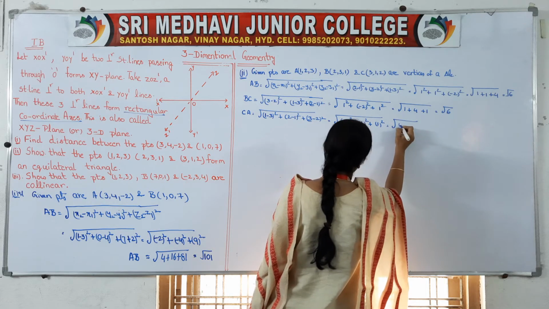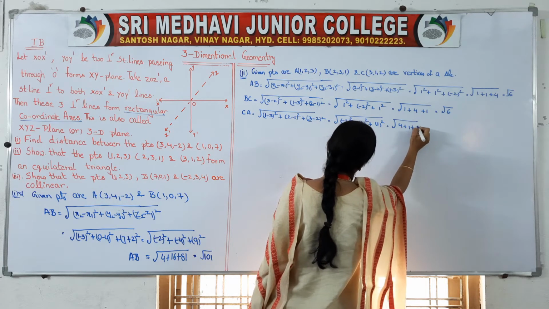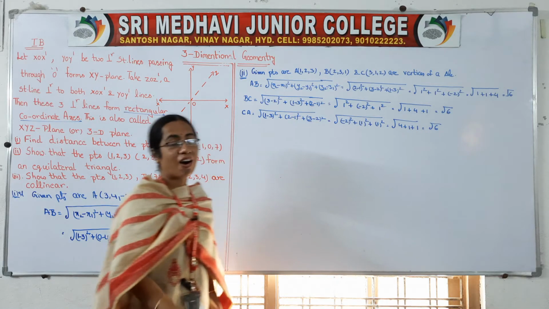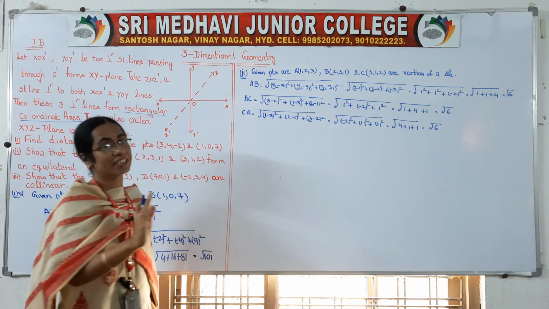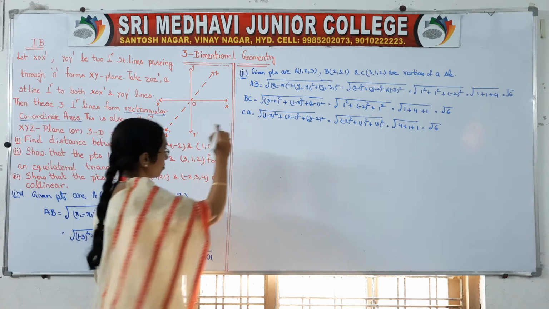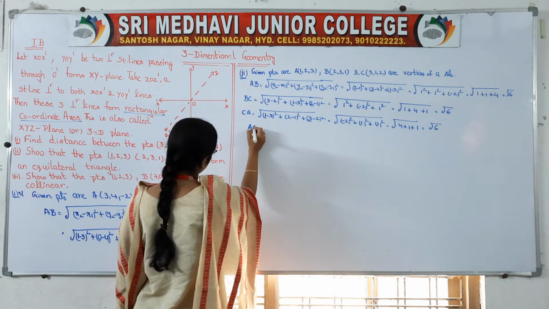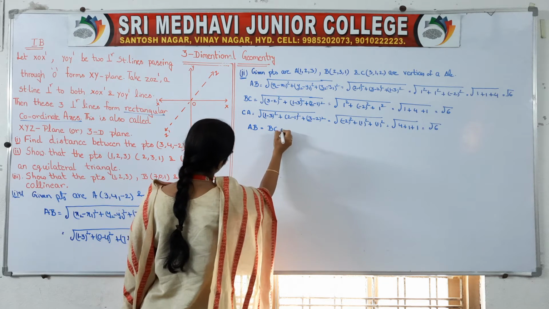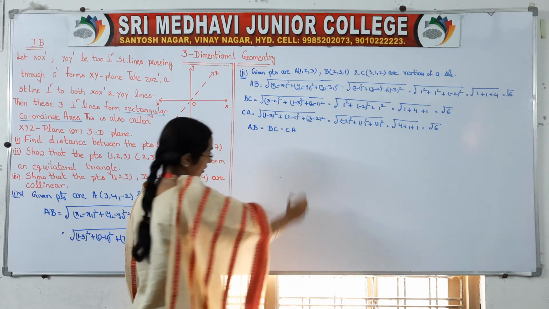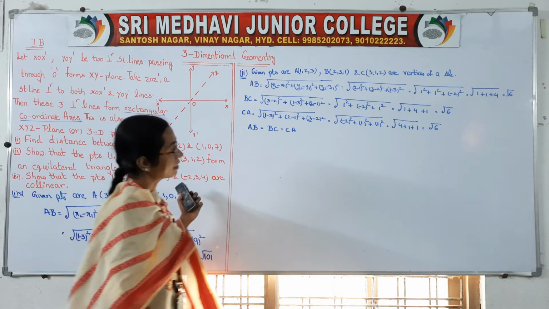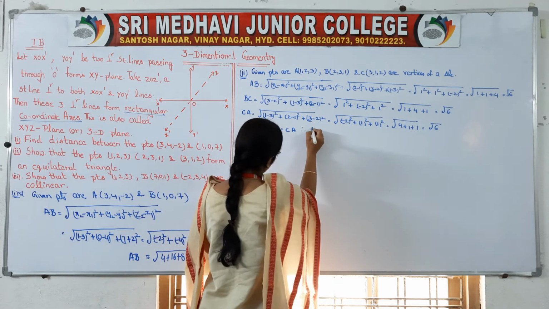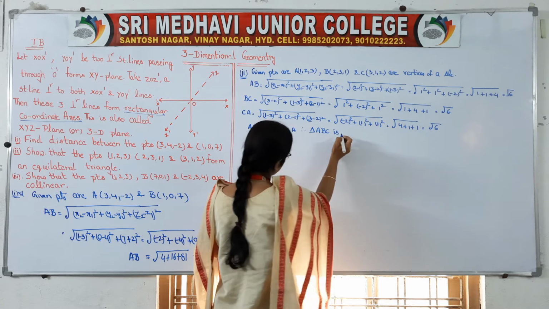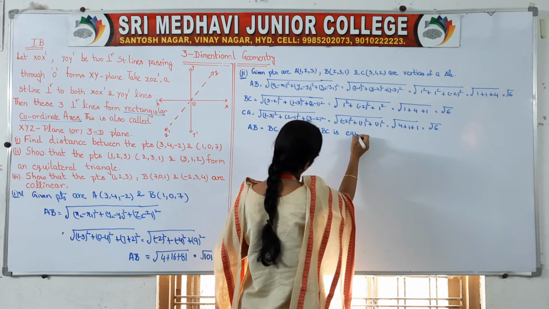So it is 4 plus 1 plus 1, equal to root 6. Observe, the lengths of all three sides of the triangle are the same. So the length of AB is equal to the length of BC is equal to the length of CA. All three sides are equal. Therefore, triangle ABC is an equilateral triangle.